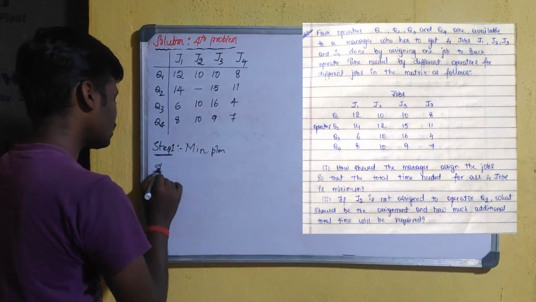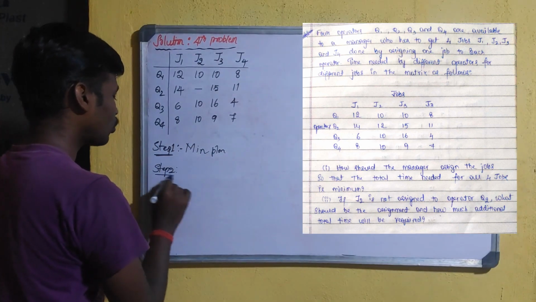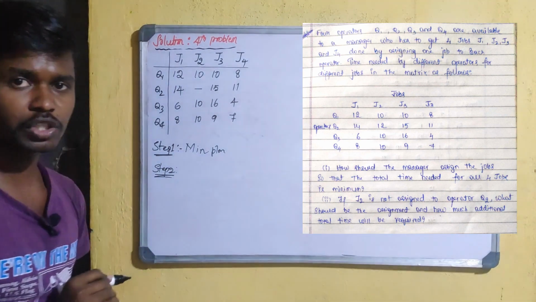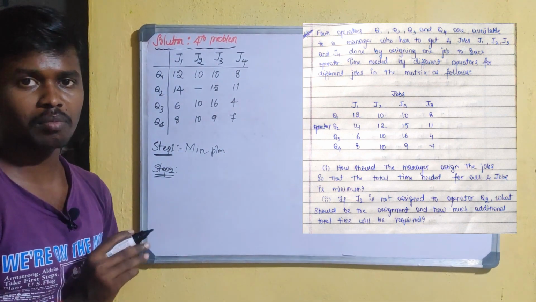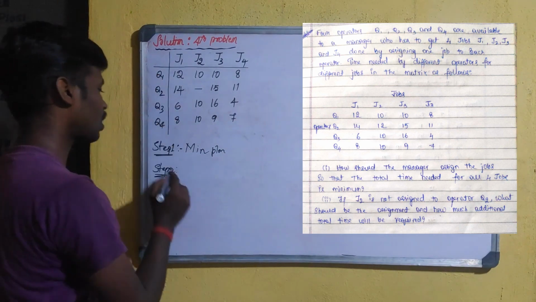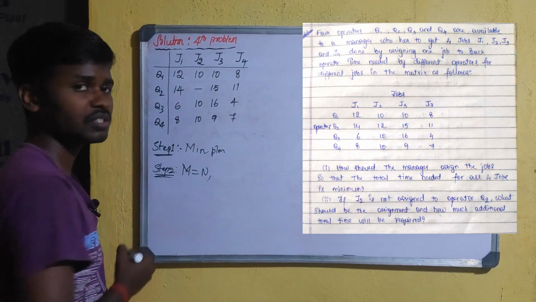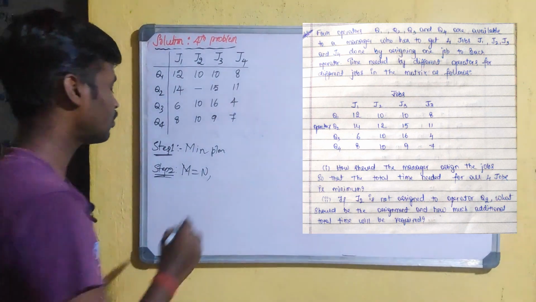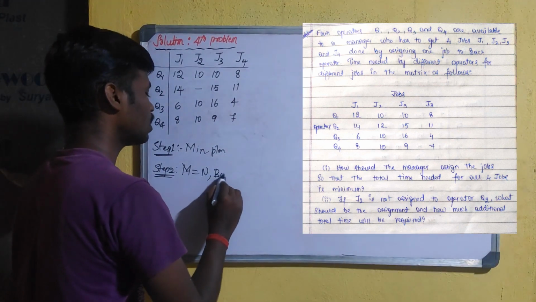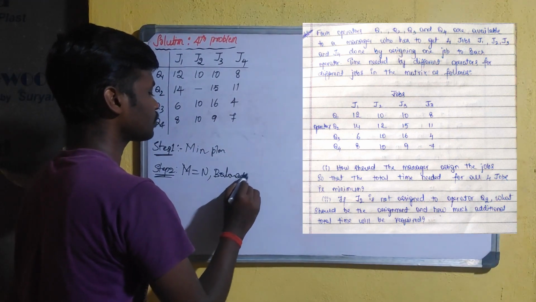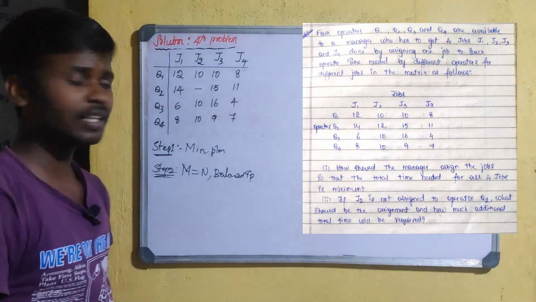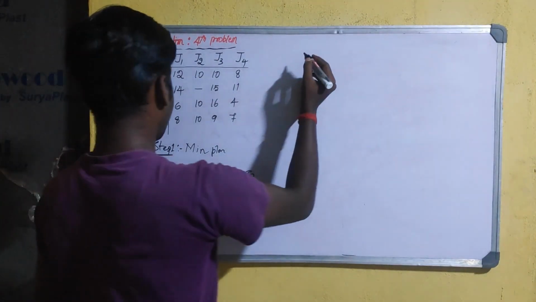See what is the second step. So we have to confirm whether the given transportation problem is a balanced transportation problem or not. So number of operators are equal to number of jobs. Hence we are confirming that the given transportation problem is a balanced one. Right? Next, what is the third step?